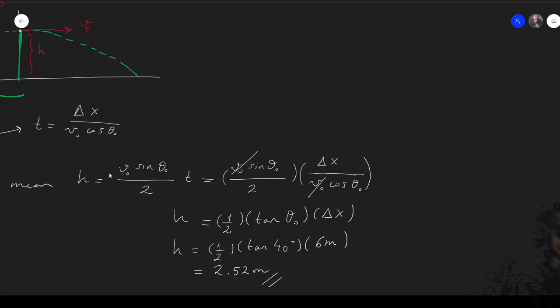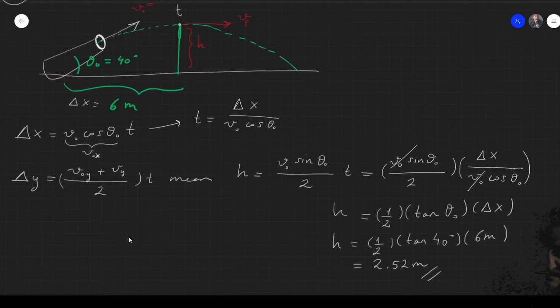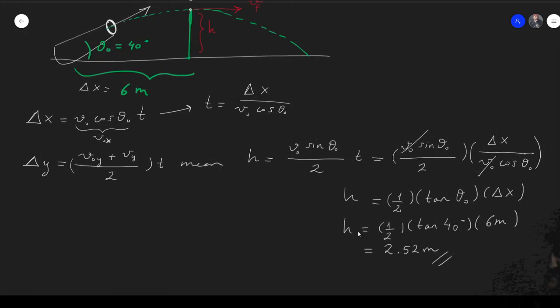Now to go to v naught from here, now that we found what h is, use this one: vy squared is equal to v naught y squared minus 2g h. H is delta y, right? And vy is 0.